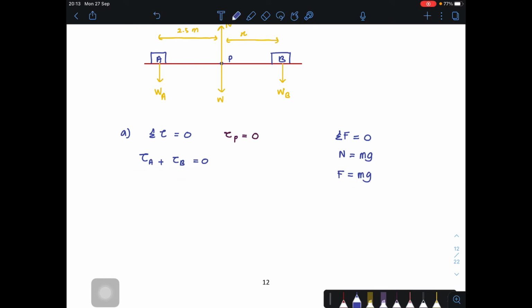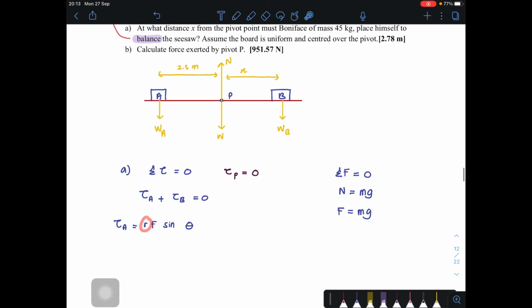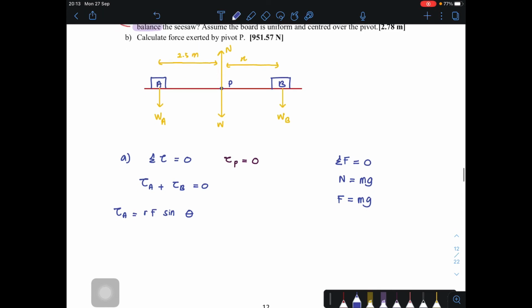So now we can find the torque on A, on Aiman. So r F sin theta, where r is the distance from the pivot point. From here to here, we know it is 2.5. So put in 2.5, and then F is equal to mg.